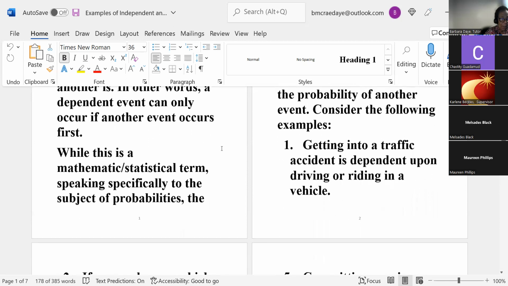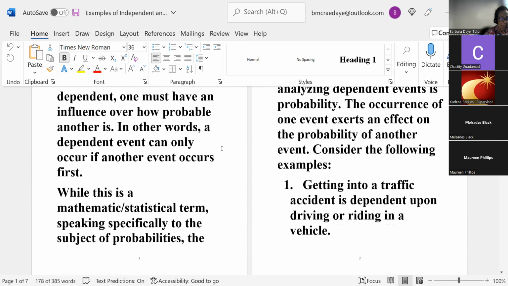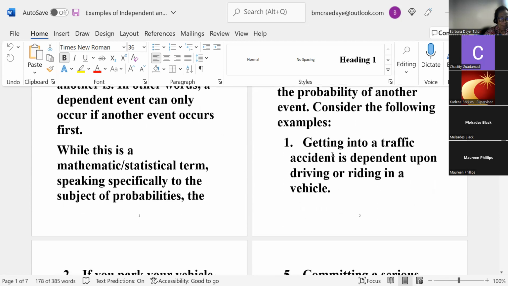Now, we're looking here at some dependent events. Getting into a traffic accident is dependent upon driving or riding in a vehicle. In order for you to get in a traffic accident, you must be in traffic. So you're either driving or riding in a vehicle. Those are dependent events. You follow?